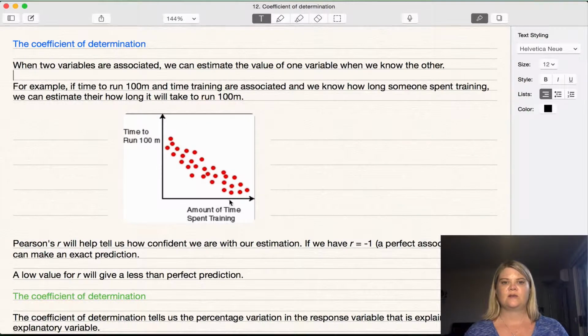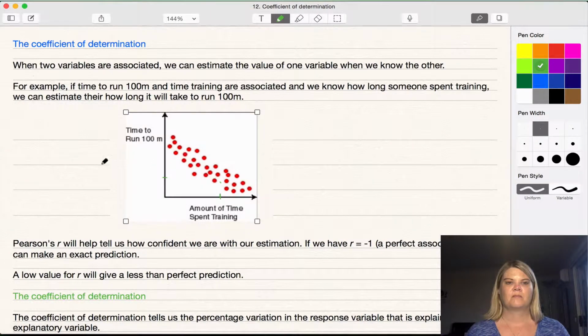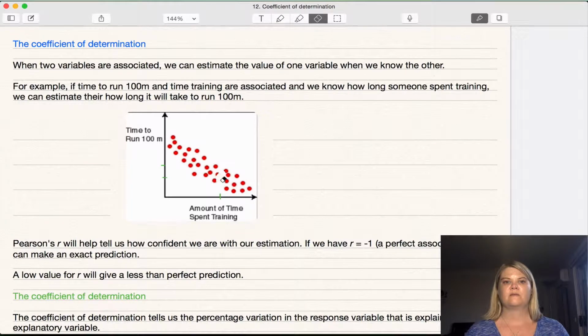And what we're saying is if you just had another person and you knew they spent this long training, you could estimate that their time would be somewhere in between these two dots, and you'd estimate it was in the middle. So you can do that with a lot of accuracy.